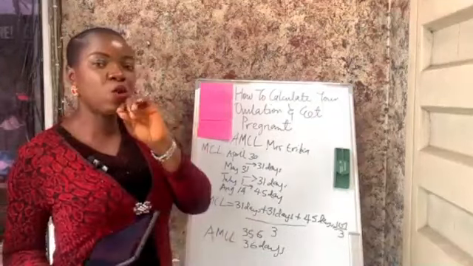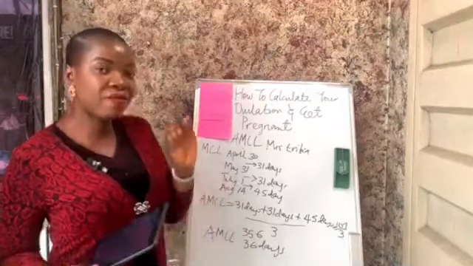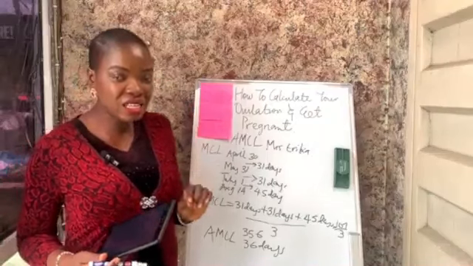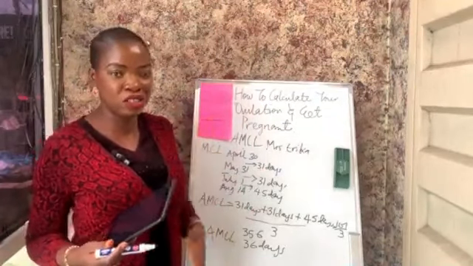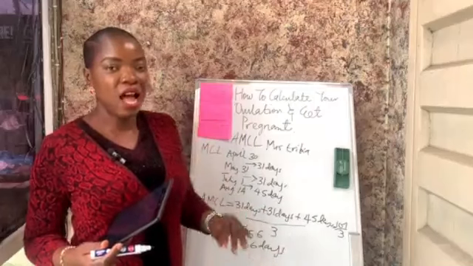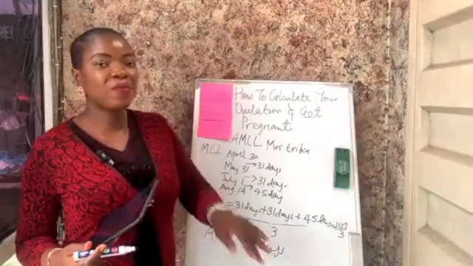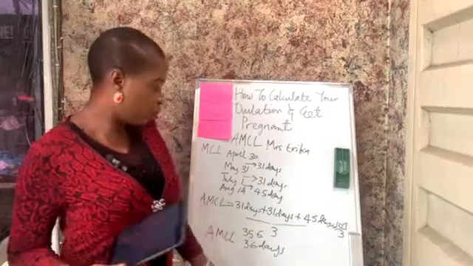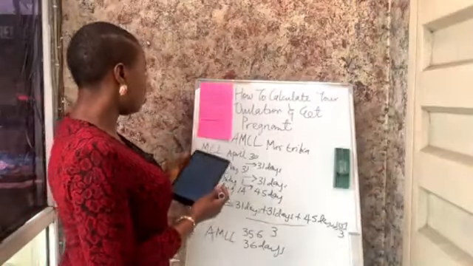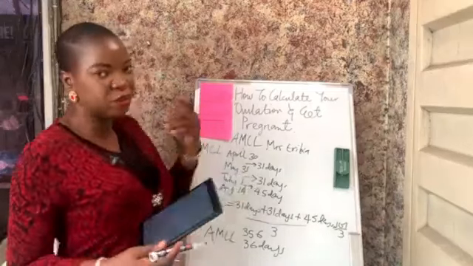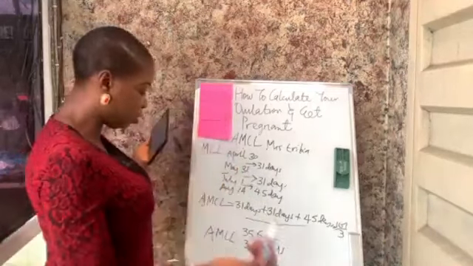Now we are going to look at our most fertile day, which is our ovulation day. We are going to look at all these terminologies. Just take it the way I'm saying it. Our most fertile day is our ovulation day. To know our ovulation day, of course, ovulation before the next period is 14 days. That's what it is.